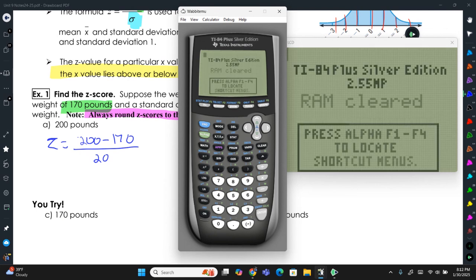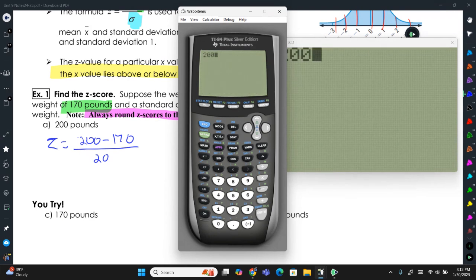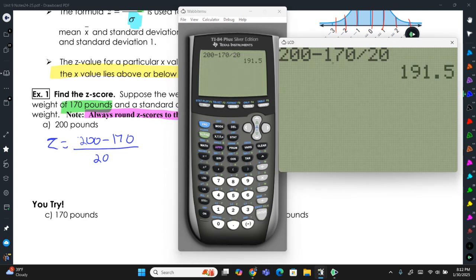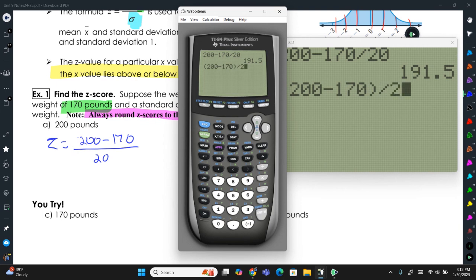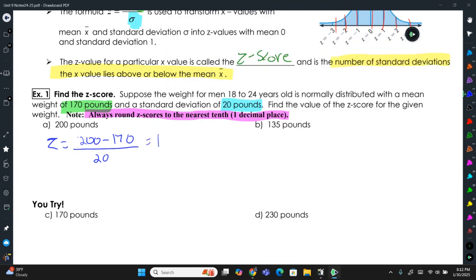You might go 200 minus 170 divided by 20. That's not going to give you the z-score. This calculator is doing 170 divided by 20 first, and then doing 200 minus that. So you're going to have to put in parentheses 200 minus 170, then divide by 20. This will give us the z-score of 1.5.